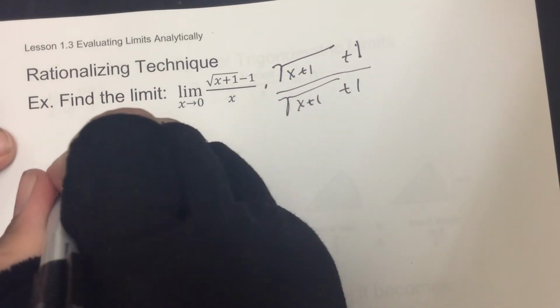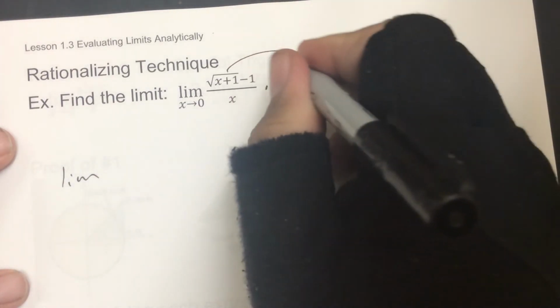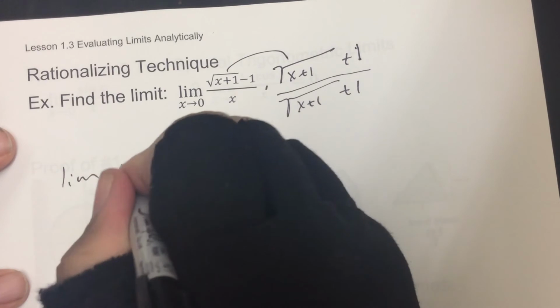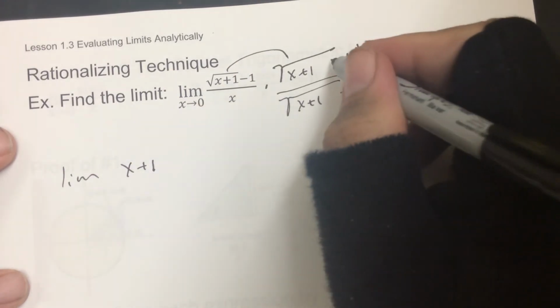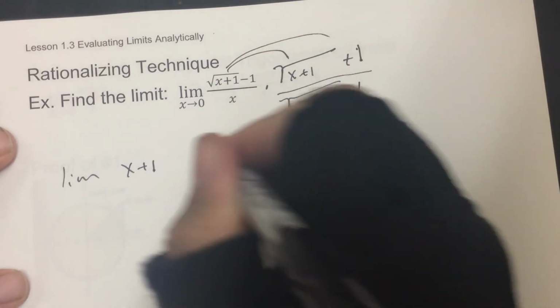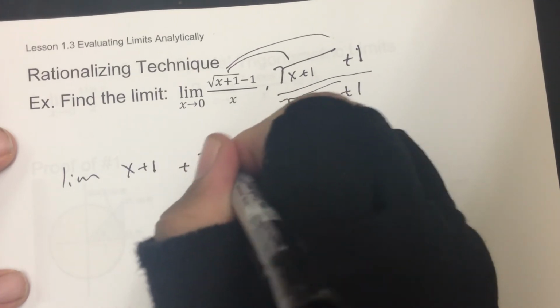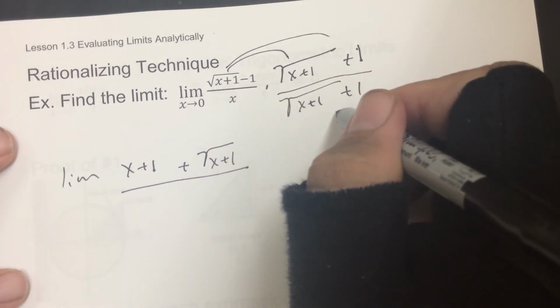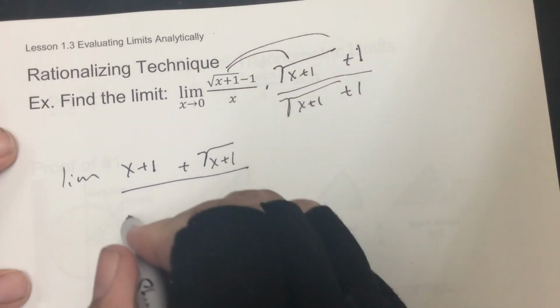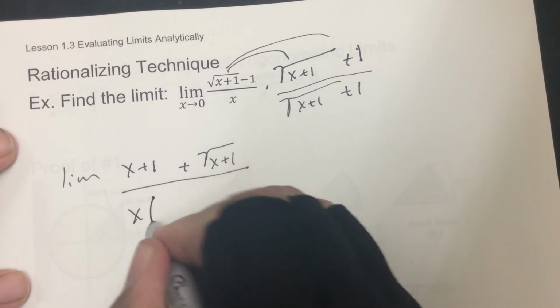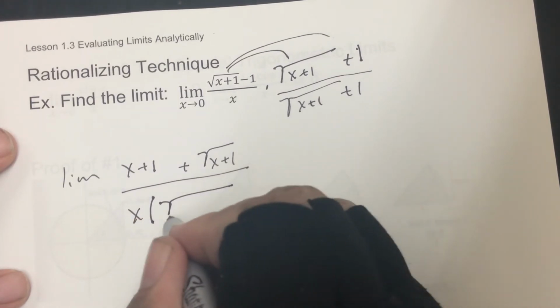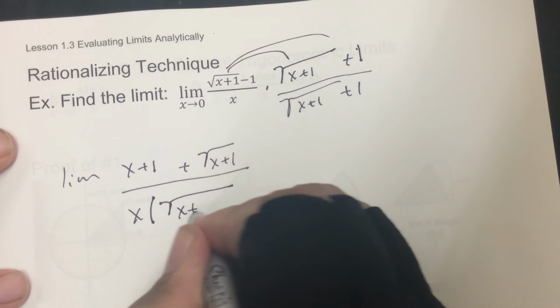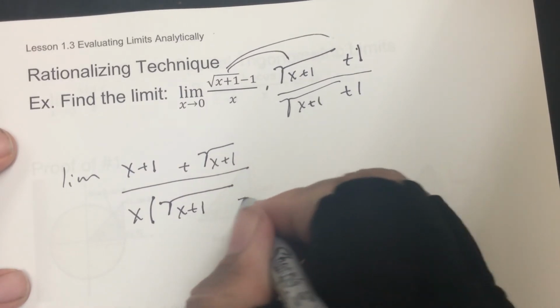Well, up top, we would FOIL it, but the middles are going to cancel, so we'd have the limit of the first two, which would just be x plus 1, because the square roots would cancel, times 1, which would be plus the square root of x plus 1. On the bottom, x would be times this here. So we would have x times the square root of x plus 1 plus 1.